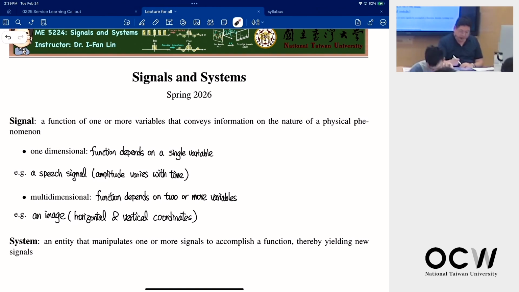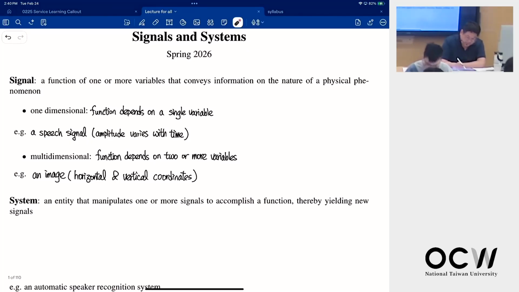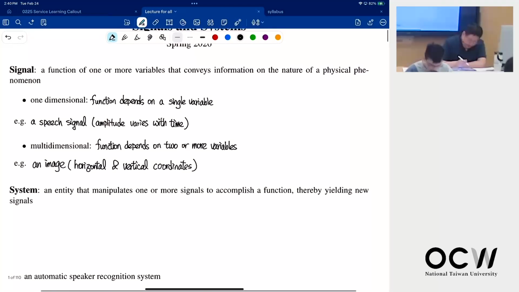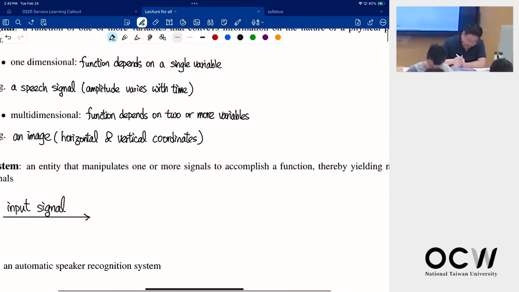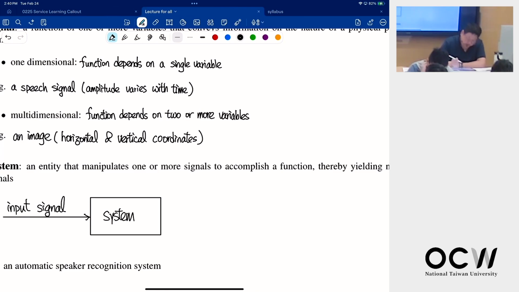So it is an entity that manipulates one or more signals to accomplish a function, yielding new signals. Which means if I have an input signal, then we send this input signal to a system, like a box. This is the system. Then we have an output. This output we call the output signal.